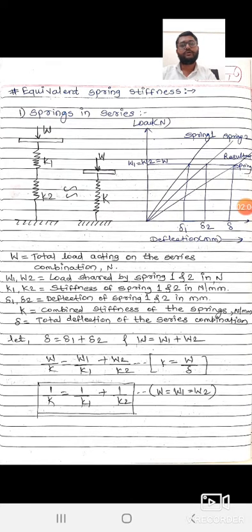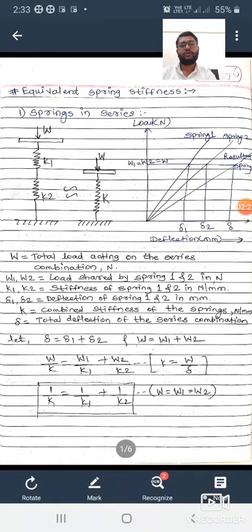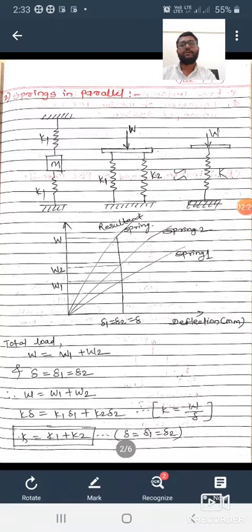We have stiffness K equal to load upon deflection, that is W upon delta. So finally W gets cancelled because the load is the same. So the final equation becomes 1 upon K equal to 1 upon K1 plus 1 upon K2, because the load is the same, meaning it gets cancelled.